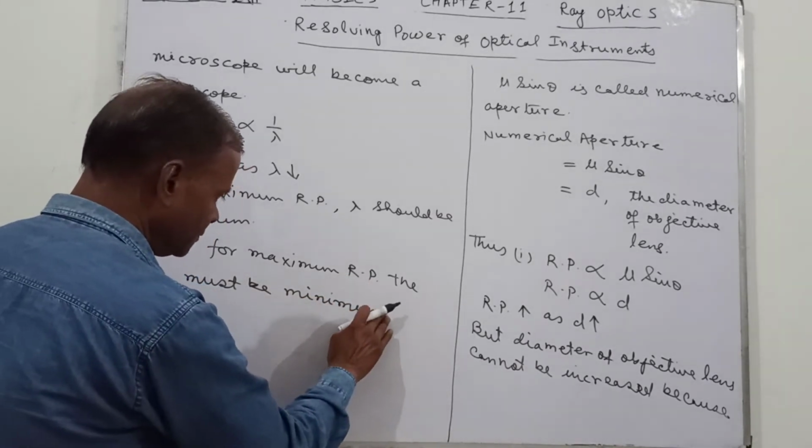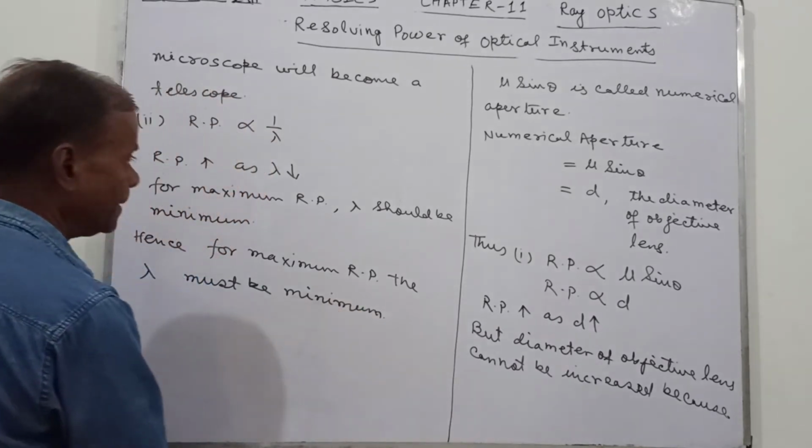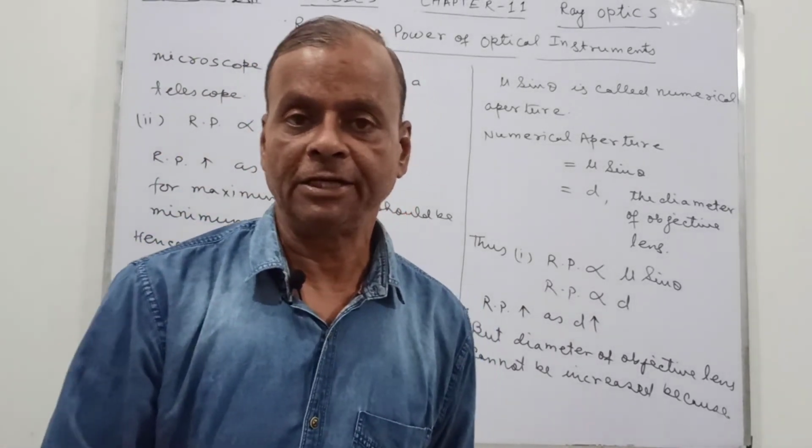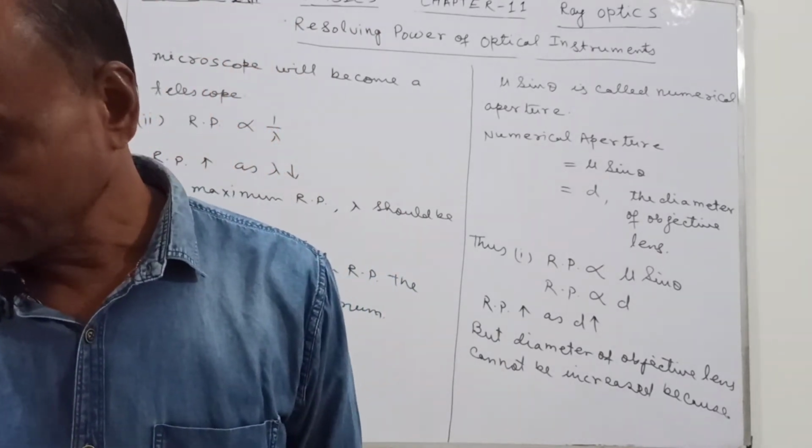Must be minimum. So this is the resolving power of the microscope, and now I will tell you the resolving power of the prism.